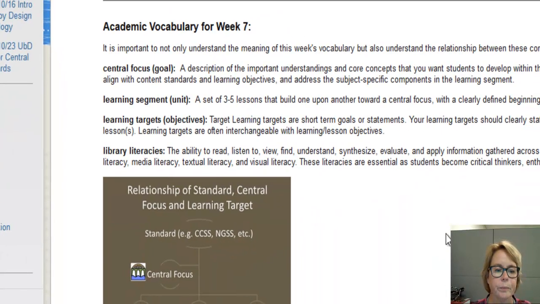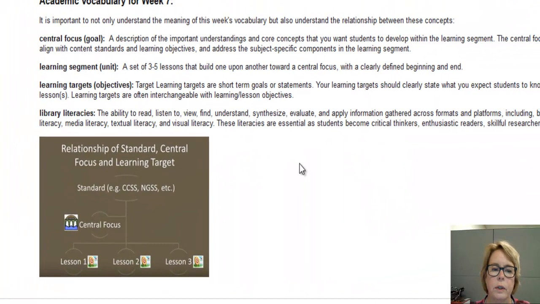Okay, so I also include the academic vocabulary for the week, and this is a really nice graphic that kind of shows you the relationship between these concepts. So you have your overall learning segment, which is your unit, that will be your topic.